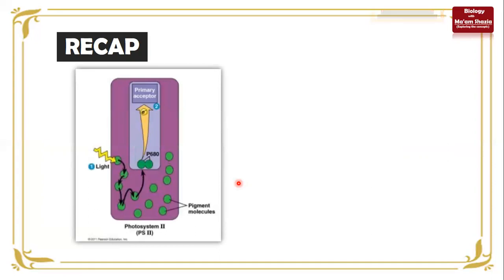So let's have a recap of the whole lesson. This is the primary electron acceptor. Light enters through the antenna complexes and reaches the chlorophyll A, P680, PS2.